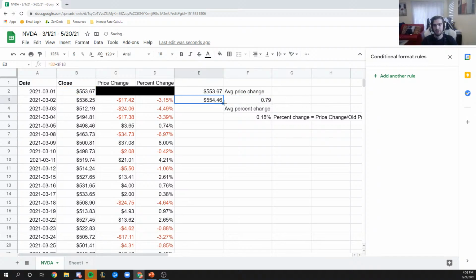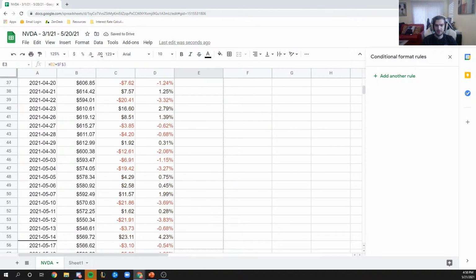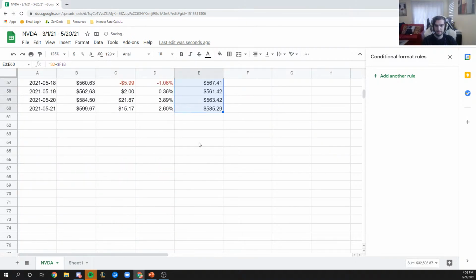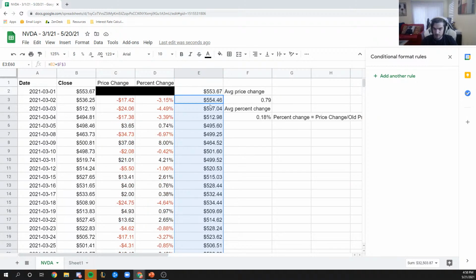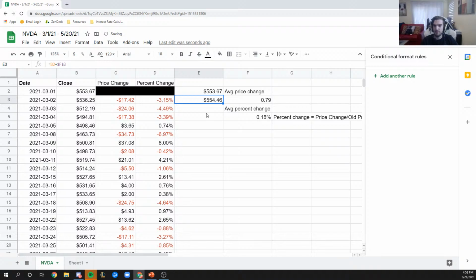Because now what we can do is if we drag this all the way down, it should have come out to the same number. Let's take a look at why it didn't. Because I messed up my formula. We don't want the old number because that's going to give us the wrong thing. We want that number because we want it to be adding on to its actual jumps.